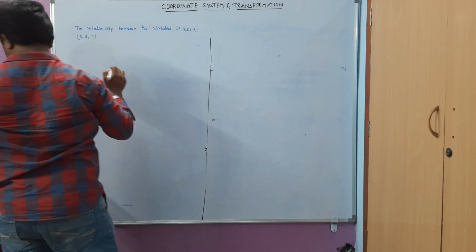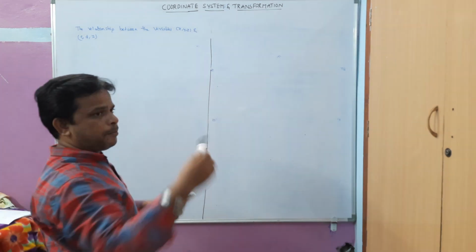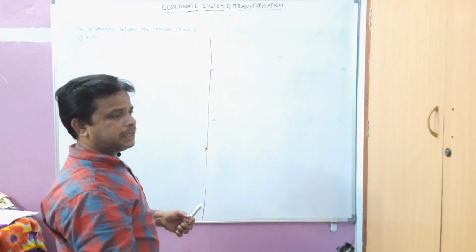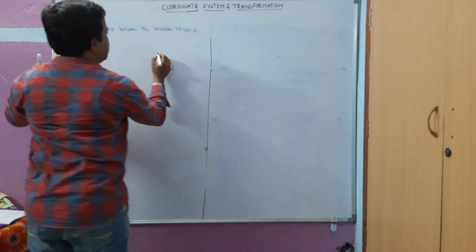We have to see this relationship. In order to understand that, we need to take the combined diagram of the cylindrical as well as the Cartesian coordinates. Okay, so let me draw the diagram here.